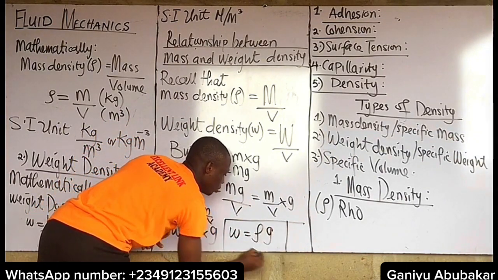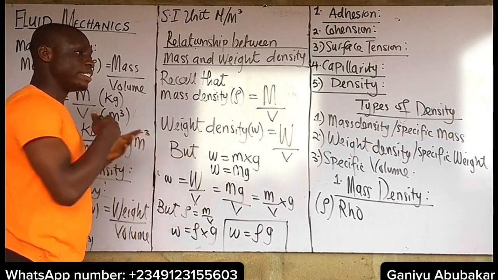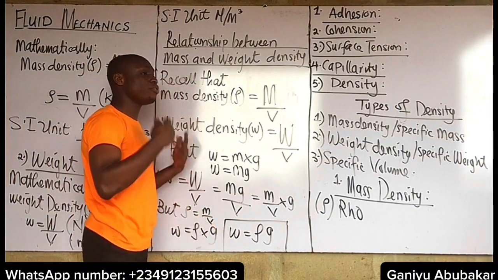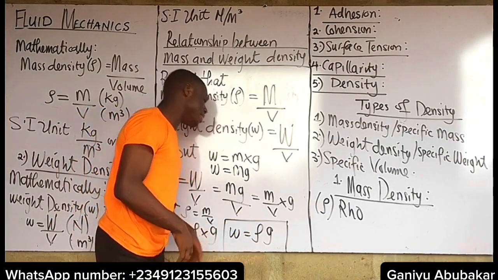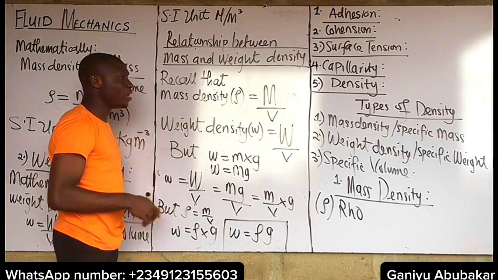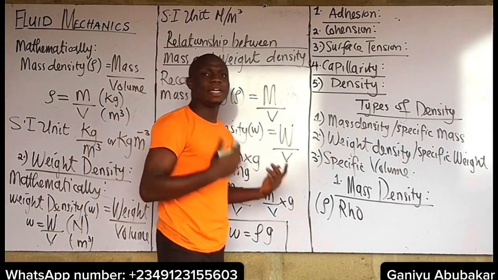The weight density of a fluid is equal to the product of the mass density times gravity. This is a very, very important formula you need to note in the study of fluid mechanics.